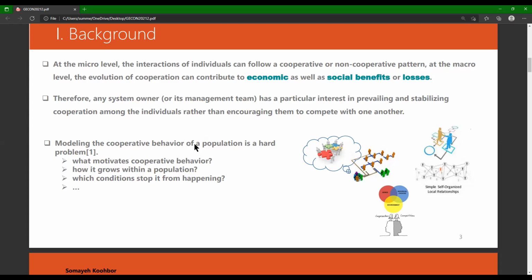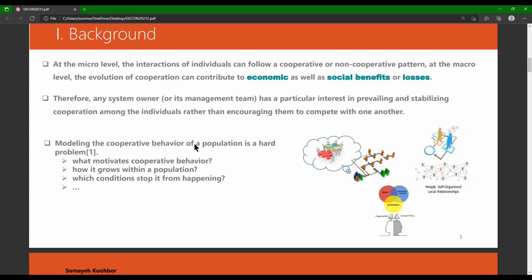But the moment we encourage them to work together with other team members, knowledge transfer can happen, and this will result in something very positive. Any system owner in general has an interest in encouraging people to collaborate with each other rather than compete with one another.